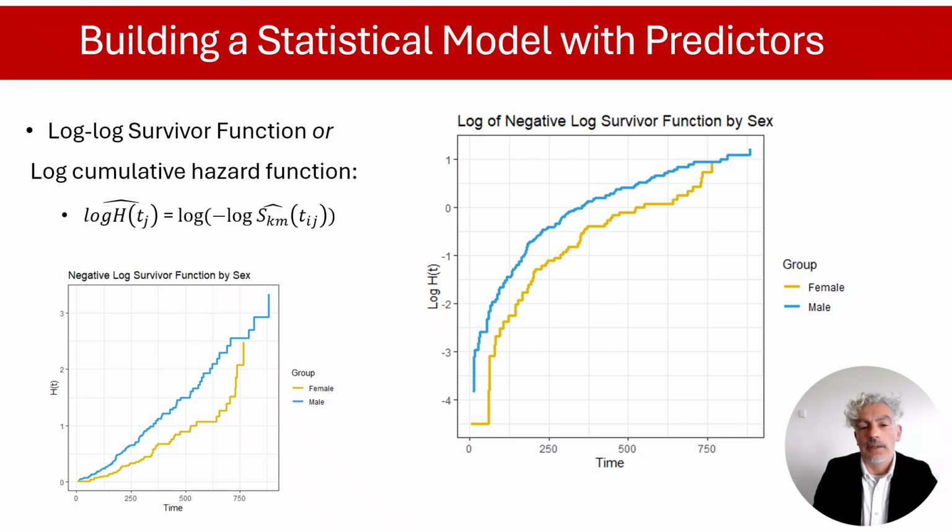But the main point here, if you look at the graph on the right, is that like all log transformations, the transformation changes the magnitude of the difference between values.